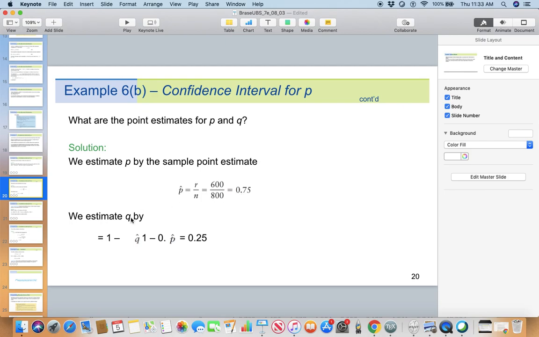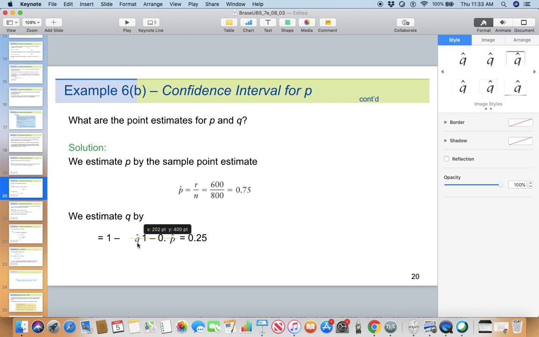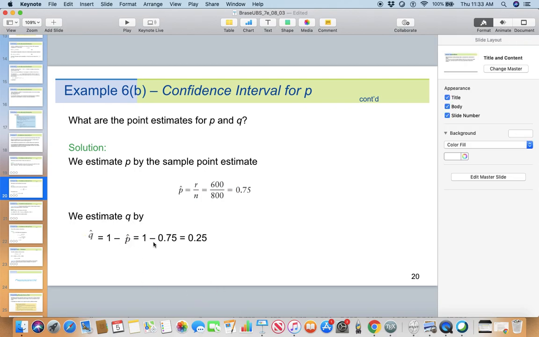So the estimate for Q is Q hat, which is 1 minus P hat, that is 1 minus 0.75. So P hat is 75 cents, Q hat is 25 cents, of course. So you can simply subtract P hat from 1 to get this.